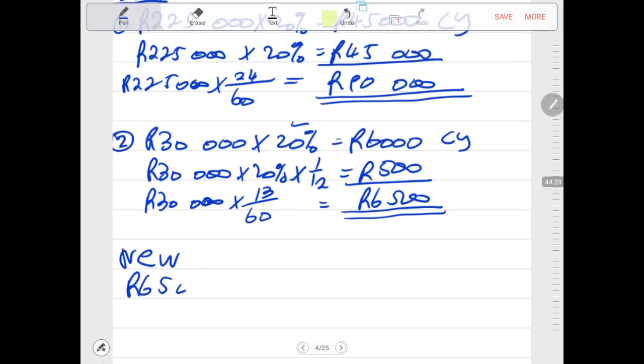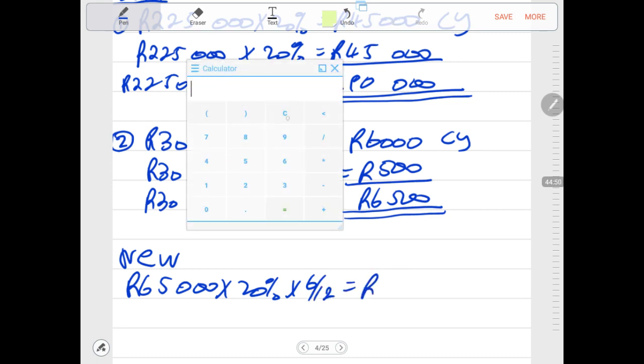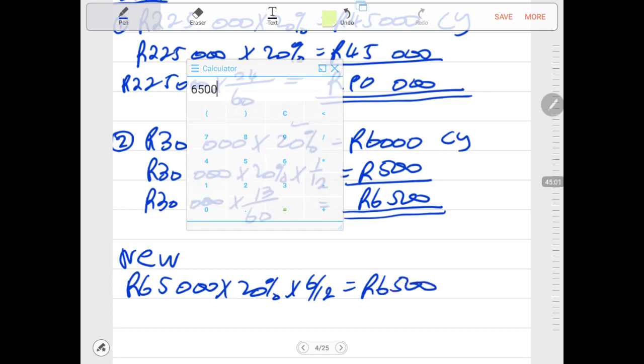So we say 65,000 rands times by 20% times by 6 over 12. So this will be 6,500.